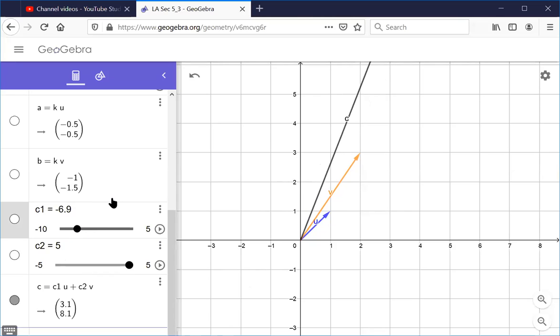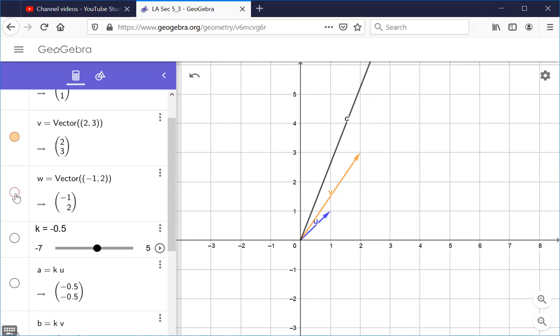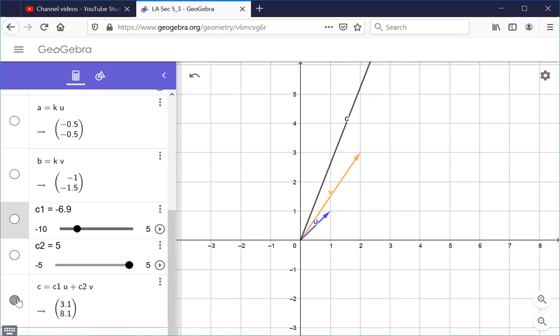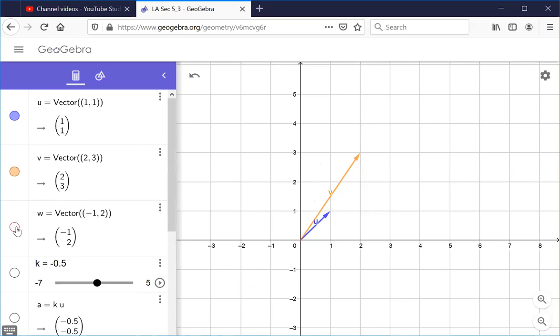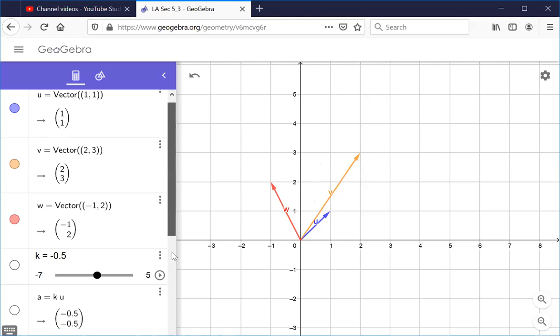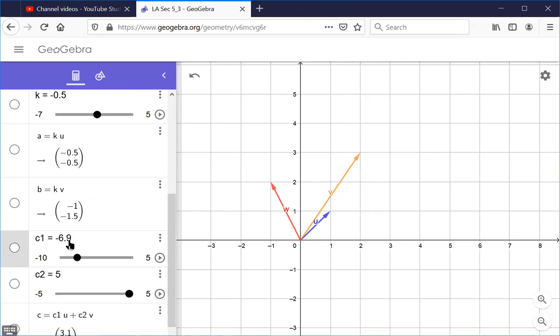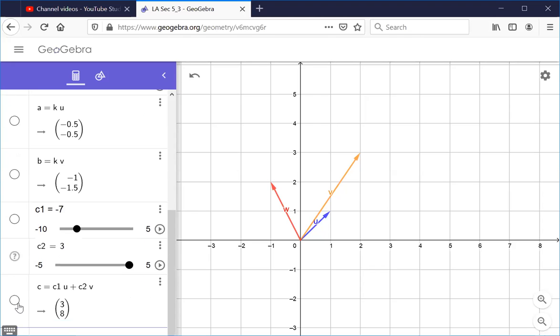We asked if you throw in the vector (-1, 2), does that harm our span any? The answer is no, because we even saw this: if I make this coefficient -7 and this one 3, then you can see that we can hit any vector we want.